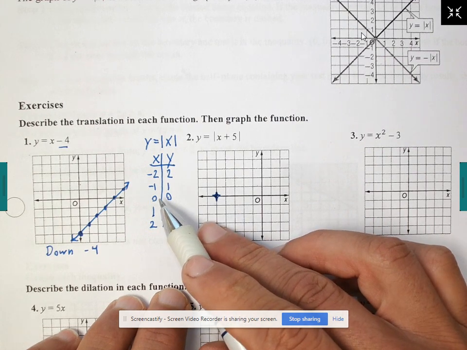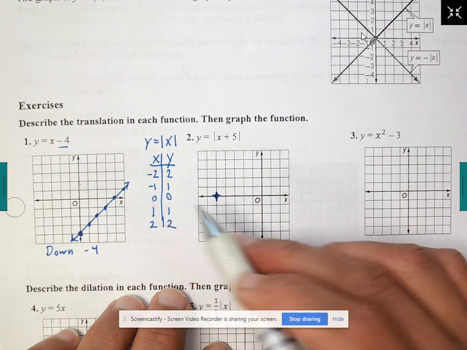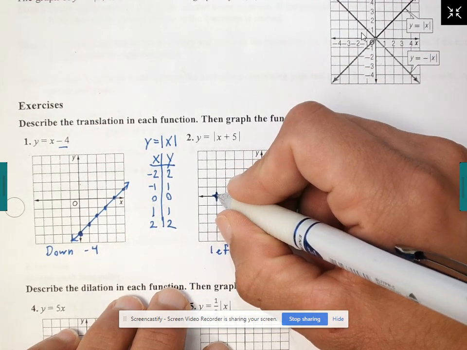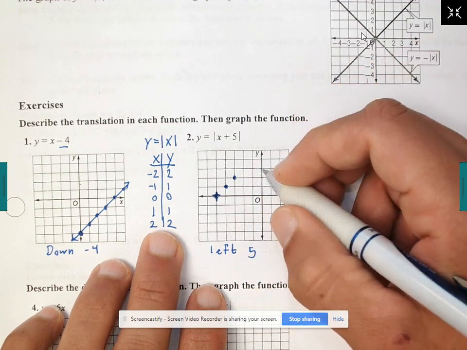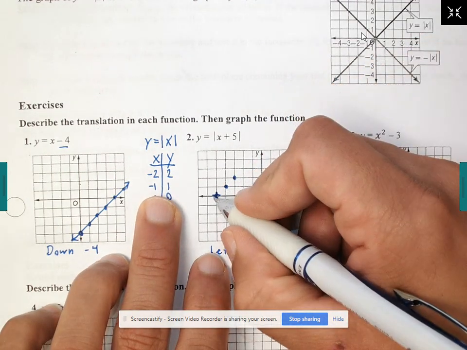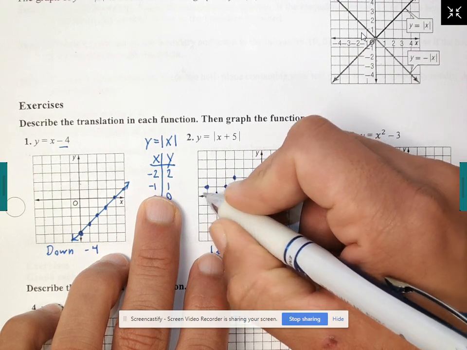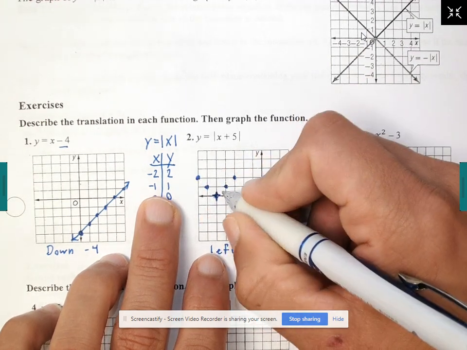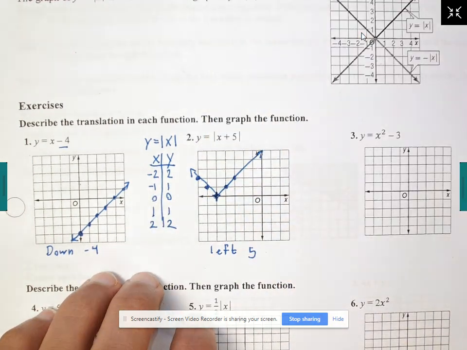Remember the origin is 0, 0, so I'm going to pretend this point is 0, 0. The next one is going to be 1, 1, which is right here. 2, 2 would be right here. -1, 1 would be right here. And then -2, 2 would be right there. Remember the absolute value looks like a V. Okay, and that's it for that.